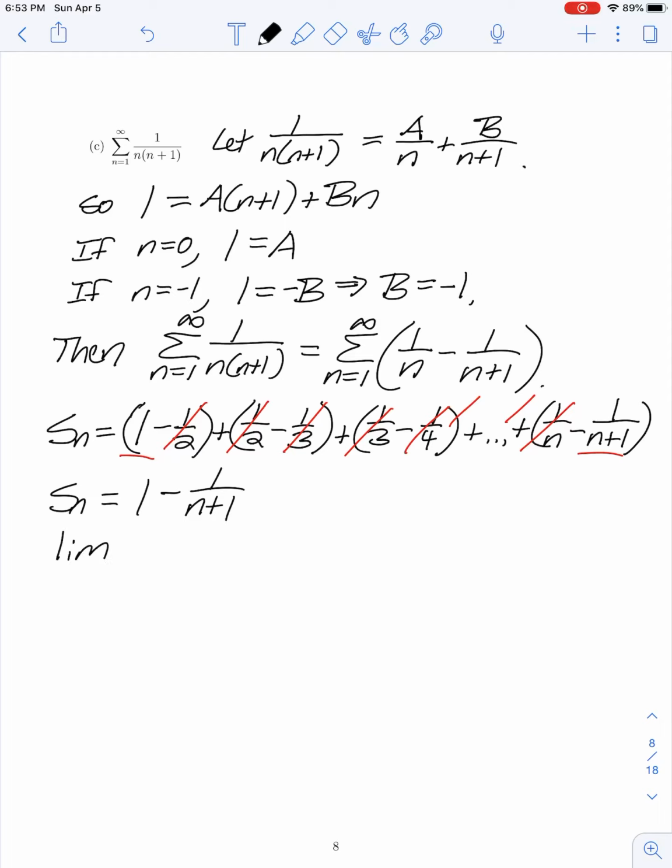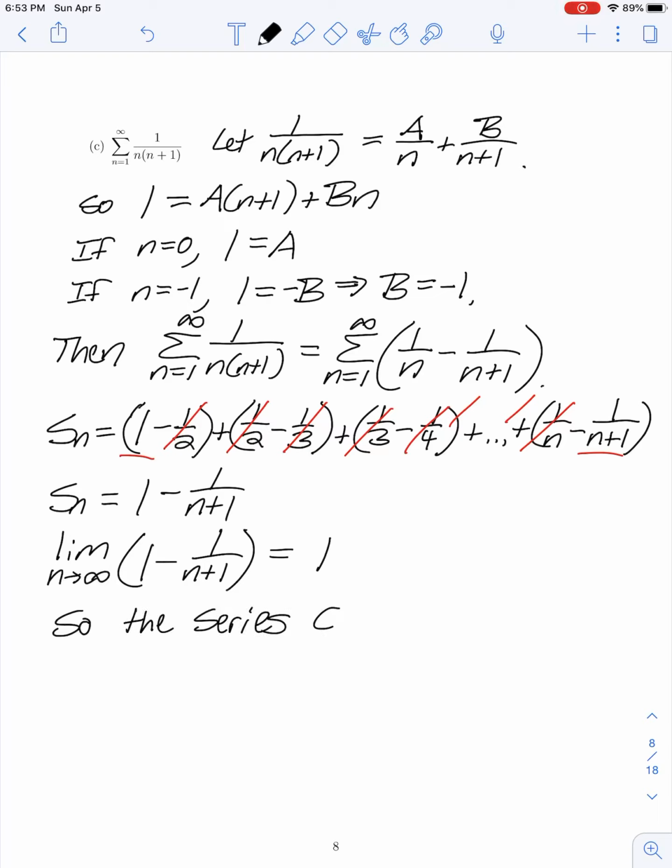To determine convergence or divergence, we take the limit of this 1 minus 1 over (n+1) as n becomes large, and we see that we are left with a limiting value of 1. So the series converges with a sum of 1.